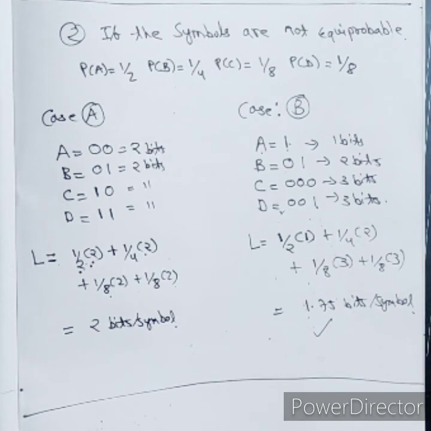For example, Morse code. In Morse code, the symbols which have higher probability are coded with fewer bits, and the symbols which have low probability are coded with higher number of bits. So this was the importance of source encoder.